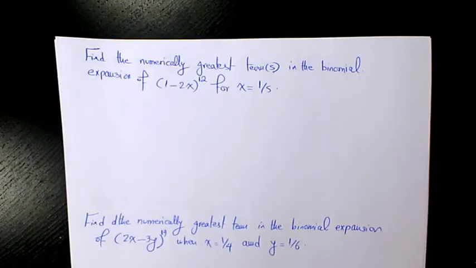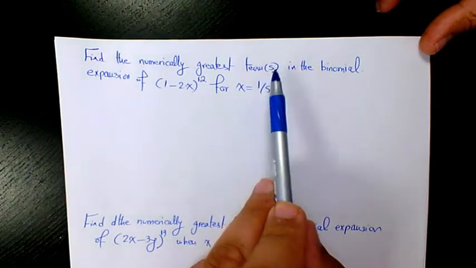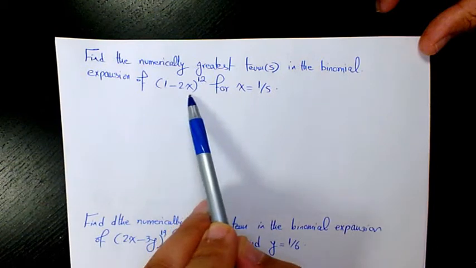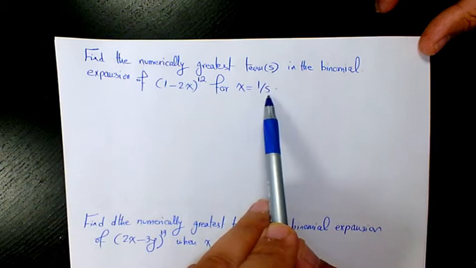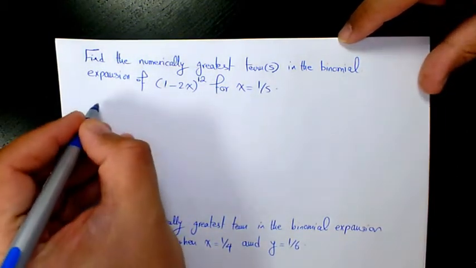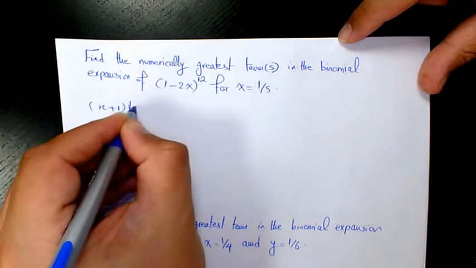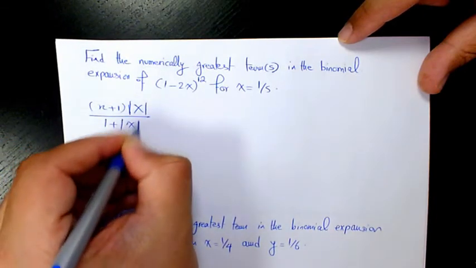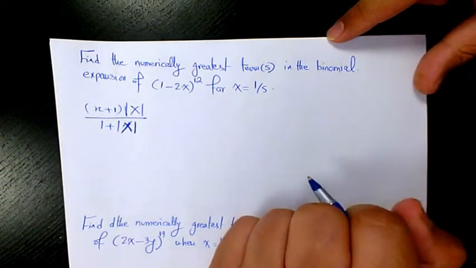In this first example, it says find the numerically greatest term or terms in the binomial expansion of (1 - 2x)^12 for x equals 1/5. So the formula we have is (n + 1) times the absolute value of capital X over 1 plus the absolute value of capital X. Let's find capital X first.